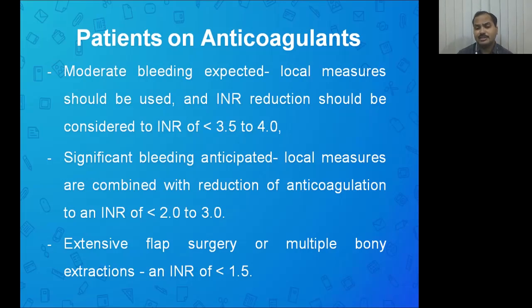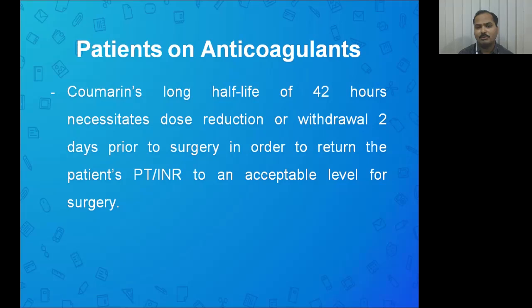And in cases of extensive flap surgeries or bone extractions, this INR should be less than 1.5, even in patients who are taking anticoagulant drugs. So this is the gauge for the treatment procedure: INR, International Normalized Ratio.